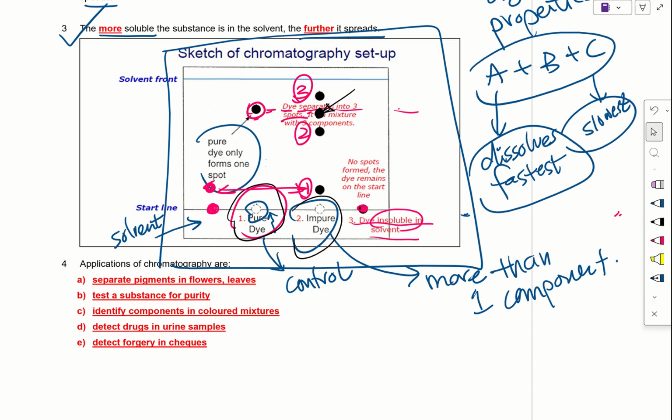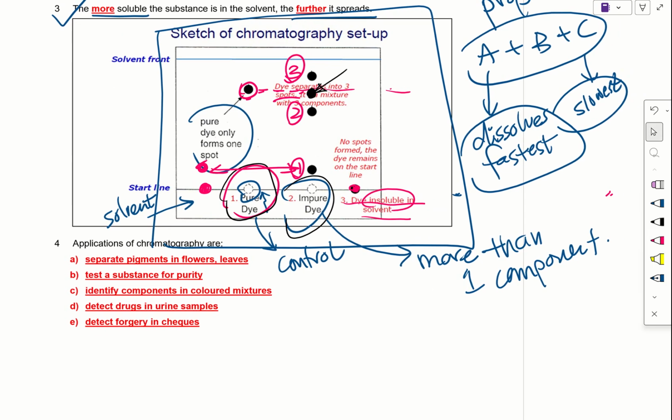Applications of chromatography are to separate the pigments in flowers and leaves. Because they have different properties, some will dissolve faster, then we can see the spots that are created. Then we can tally with a known control and see what is found in the leaves.